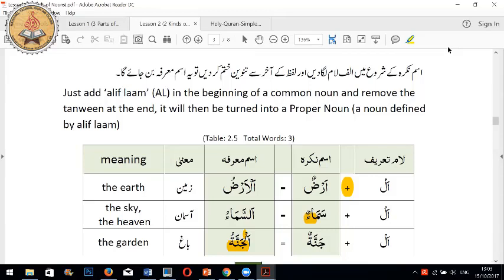So Muhammadun, Muhammadan, Muhammadin, inshallah we will learn more afterwards, but it has tanween. Personal names are always proper nouns, whether with tanween or without.